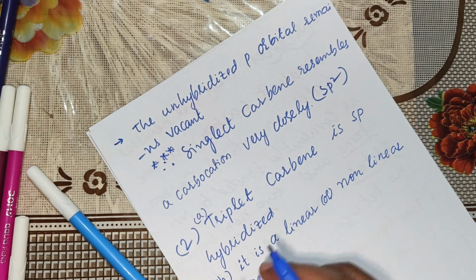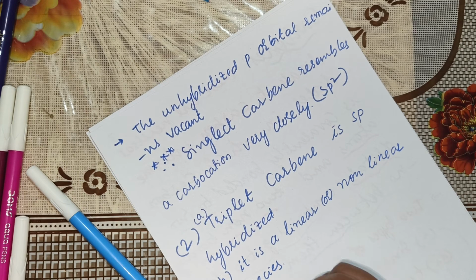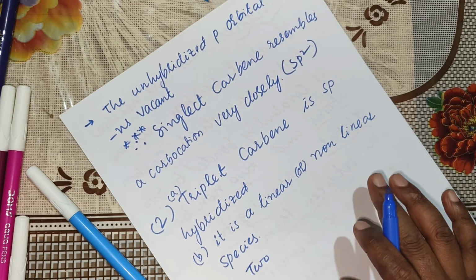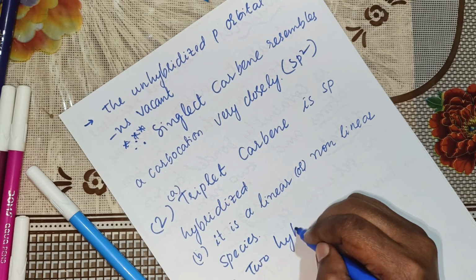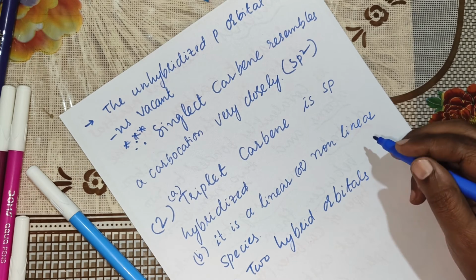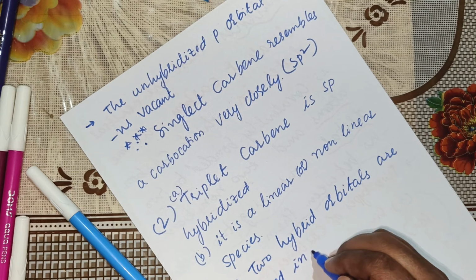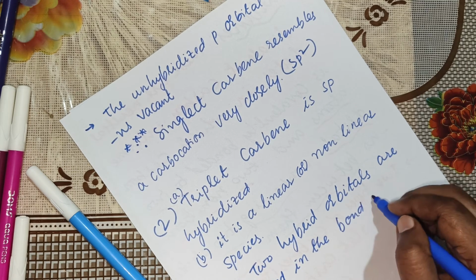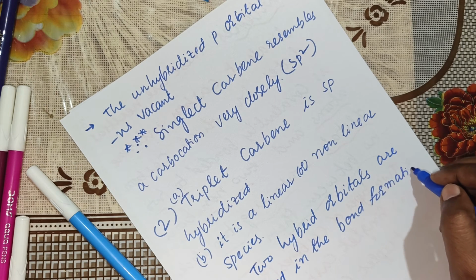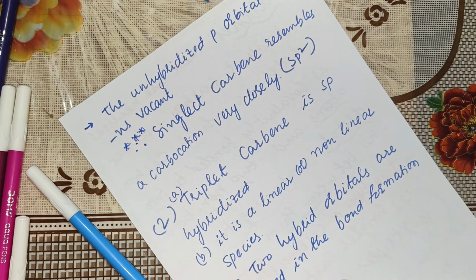Here, these two hybrid orbitals are involved in the bond formation with two groups, because sp contains two hybrid orbitals. Two hybrid orbitals are involved in the bond formation with two groups.